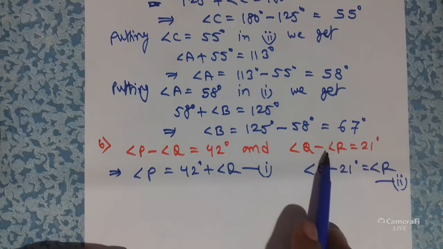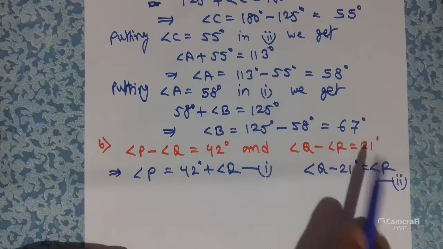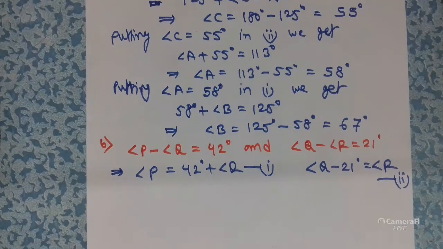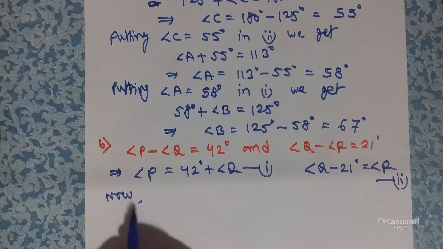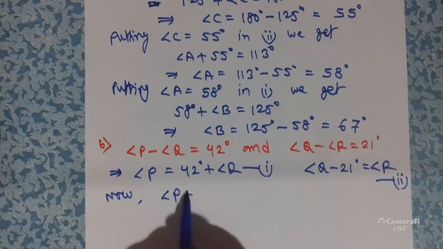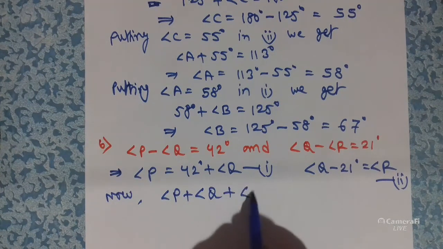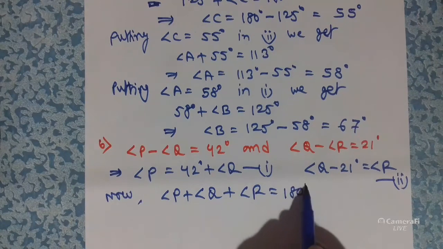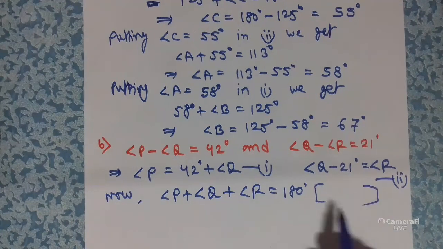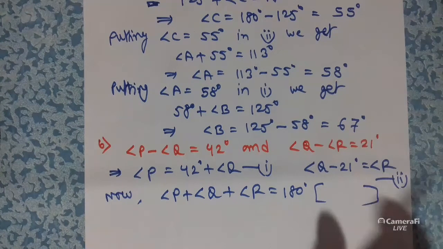We transfer angle R to the right hand side and 21 to the left hand side. Now we know that angle P plus angle Q plus angle R is equal to 180 degrees, because you know that the sum of all the angles of a triangle is 180 degrees, so you can write it.